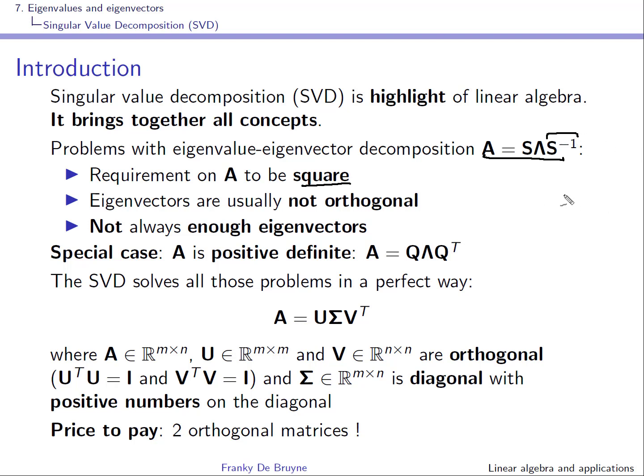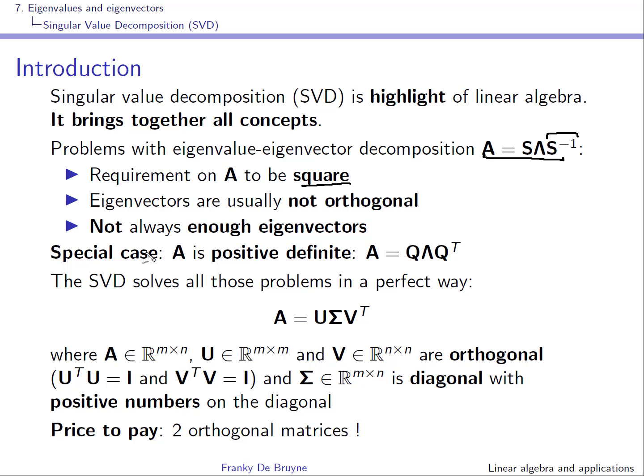We would like a decomposition with a transpose, but this is only possible when the eigenvectors are orthogonal, and in general they are not. It might be that in some cases it's even not possible to write something like that, because this is a diagonal matrix, and in some cases the matrix A cannot be diagonalized. There are not enough eigenvectors. Remember, there should be an eigenvector for each eigenvalue.